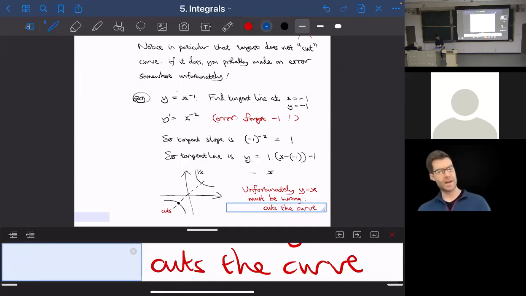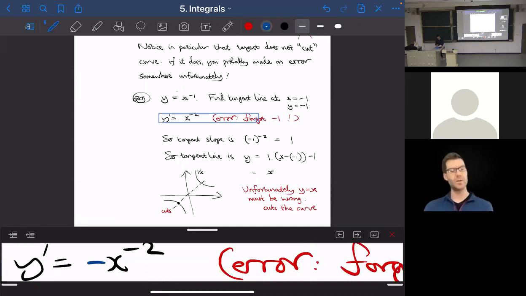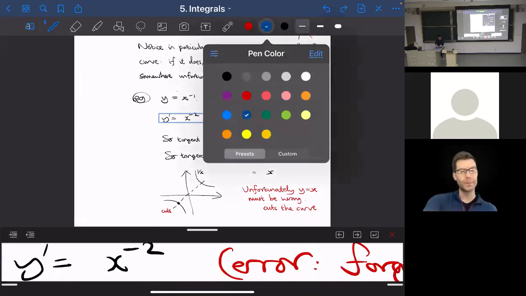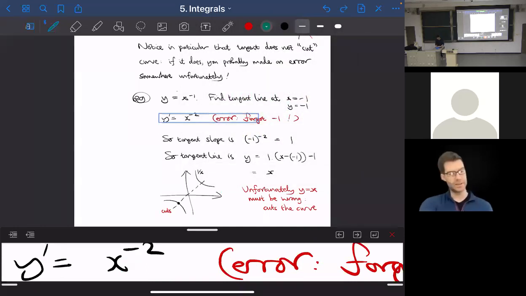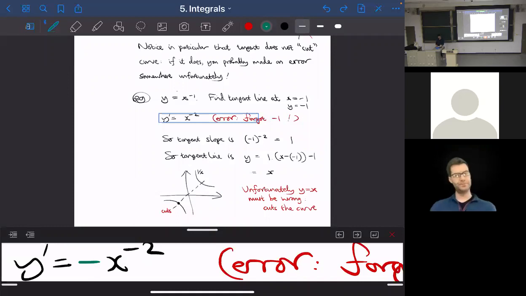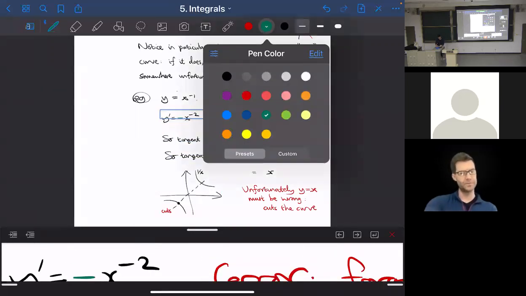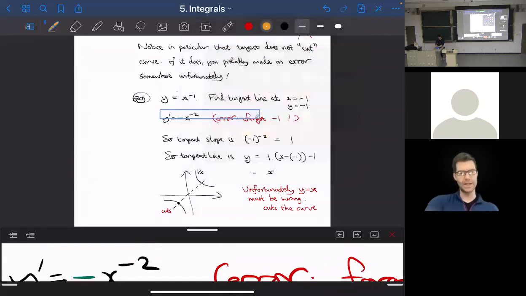So let's go back and check where our mistake was, and we spot this mistake here. So maybe I'll use green so we can see. So sound is alive, good. Green's not so easy to see either. Let's use orange.